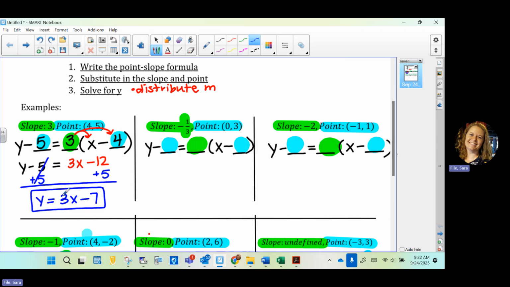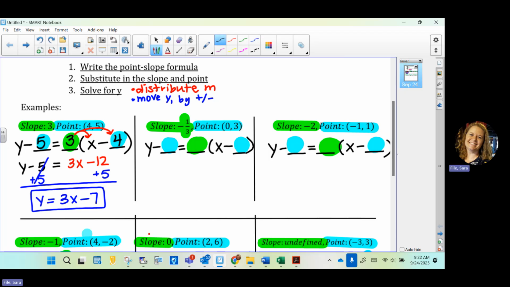So you're welcome to check these in Desmos. Check them graphically if you're not confident. Okay, so after distributing the m, then you move your y1 by addition or subtraction. So when we say solve for y, those are the steps that we're doing.